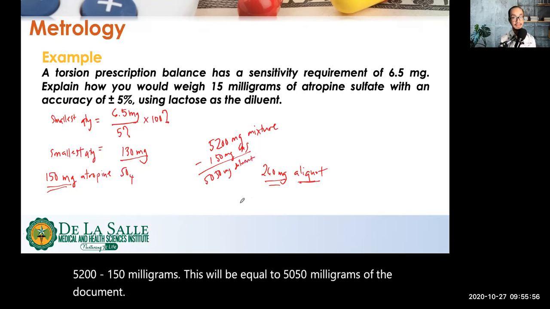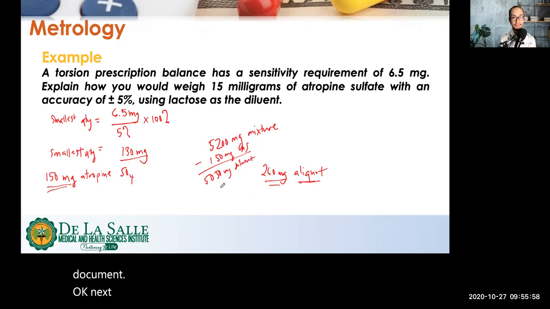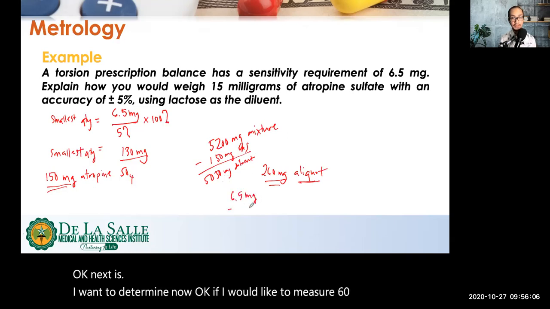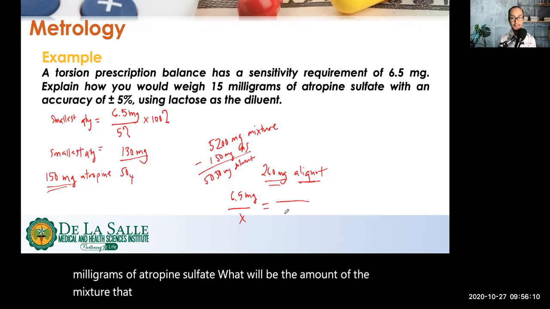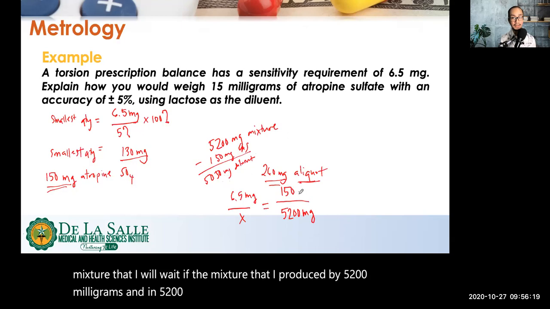Next, I want to determine, if I would like to measure 6.5 milligrams of atropine sulfate, what will be the amount of the mixture that I will weigh, if the mixture that I produced is 5,200 milligrams, and in 5,200 milligrams it contains 150 milligrams of the drug.